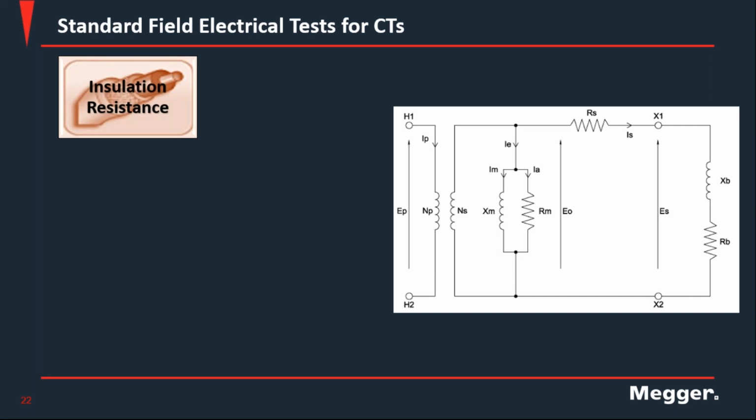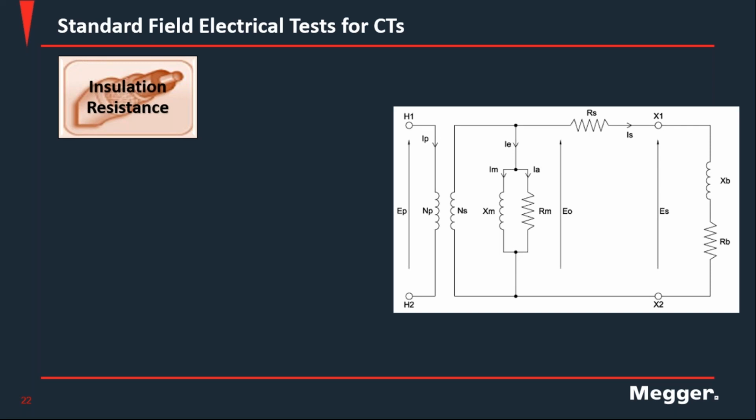You can also have resins. So you have different insulations where sometimes just a simple insulation resistance at 500 V or 1 kV may not be enough. You need to consider other insulation assessment tools.